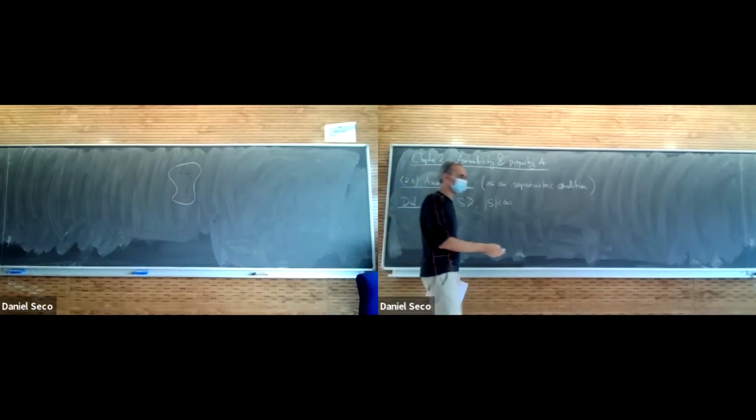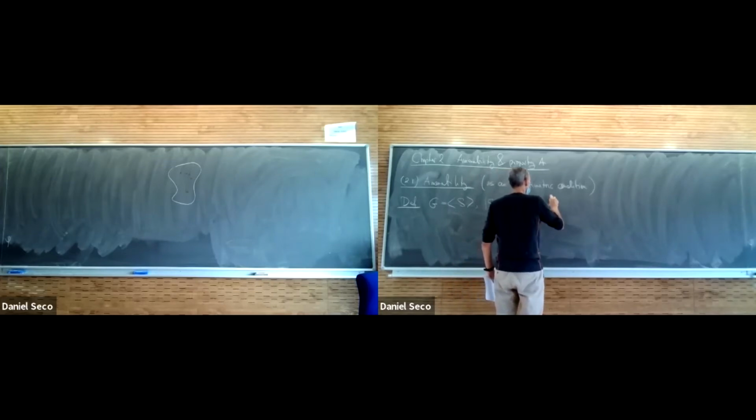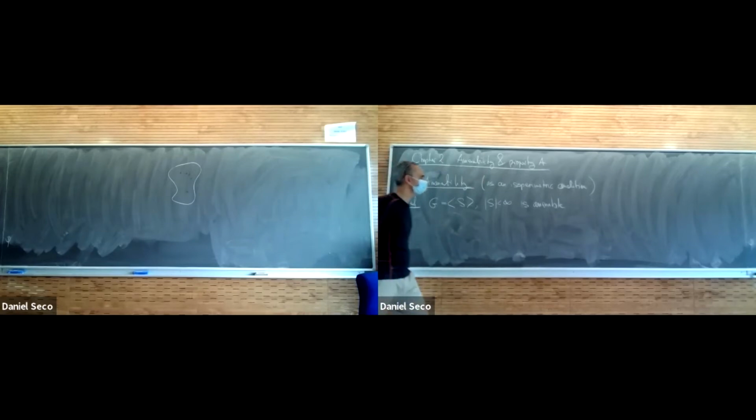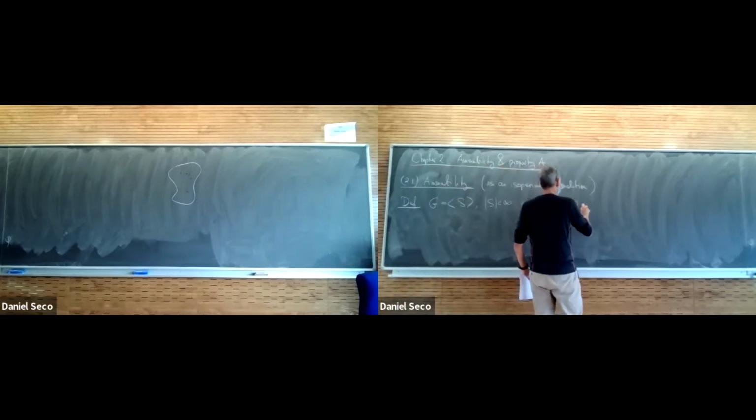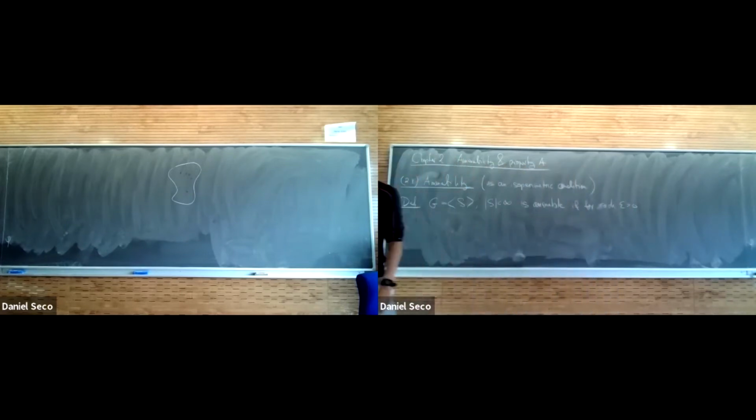And this group is amenable if for each epsilon bigger than 0, I promised you epsilons, and from now on you will have a lot of them, and each finite set, F for finite.